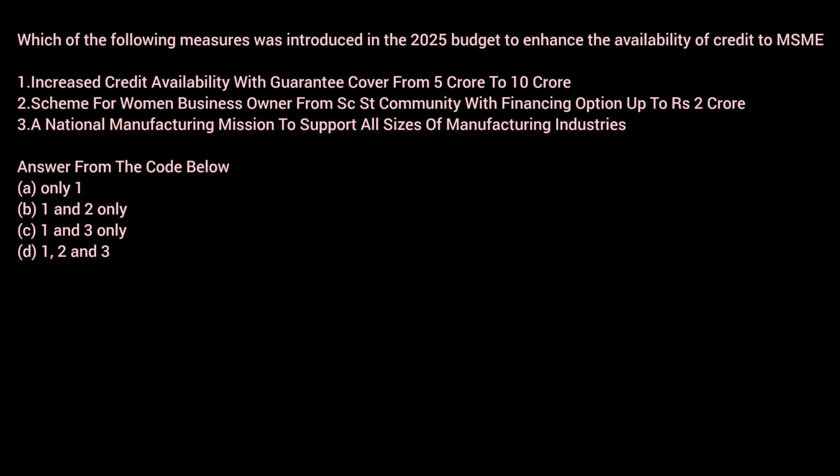A national manufacturing mission to support all sizes of manufacturing industries. Answer from the code below. Option A, only 1. Option B, 1 and 2 only. Option C, 1 and 3 only. Option D, 1, 2 and 3. Here the correct option is option D.